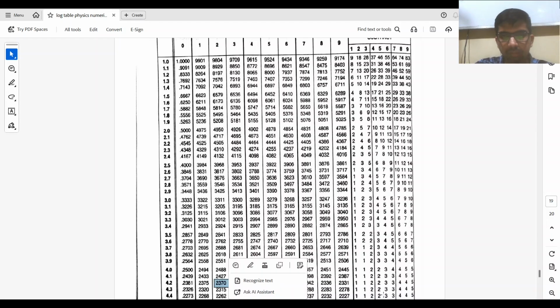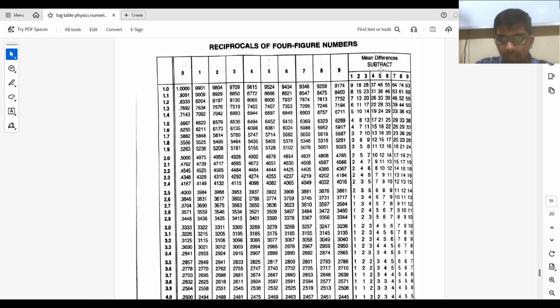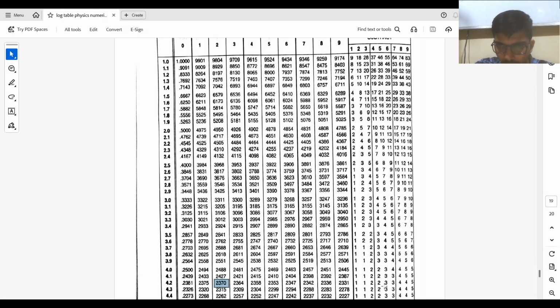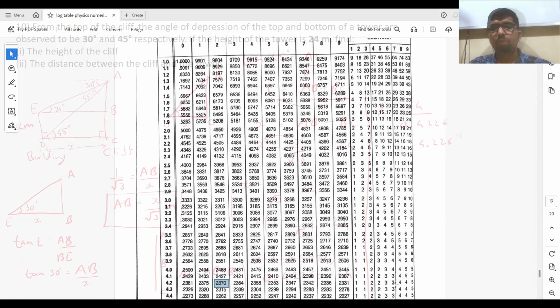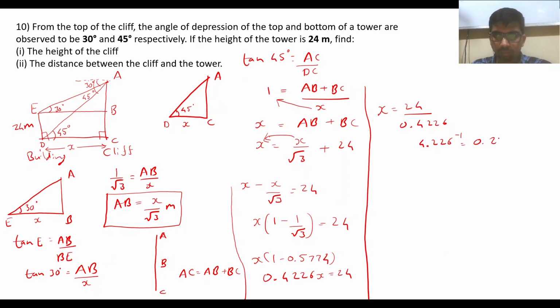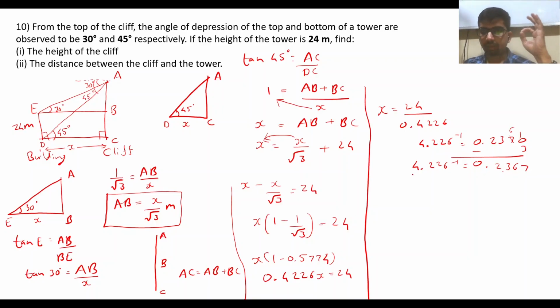4226 was the answer. So sixth value is what? Is 3. So you have to subtract. See what's written over subtract. Sixth value is 3. 0.2370 minus 3. तो ये हो जाएगा 0.2367. So you get 4.226 inverse as 0.2367.